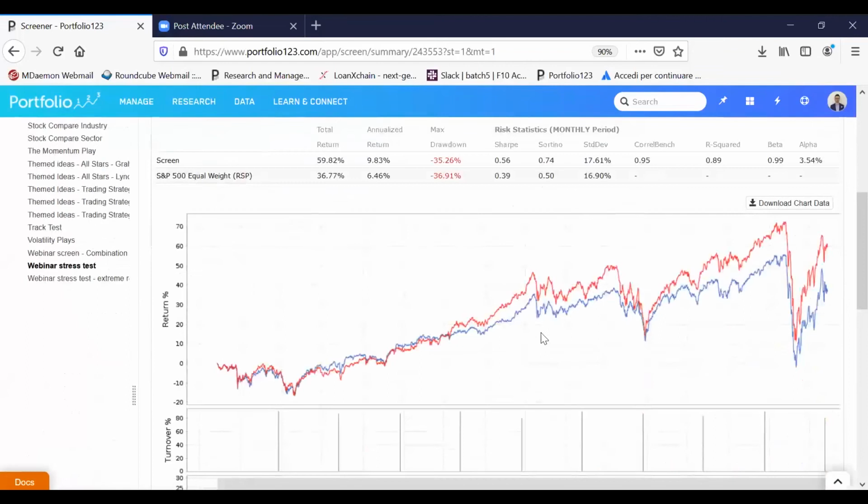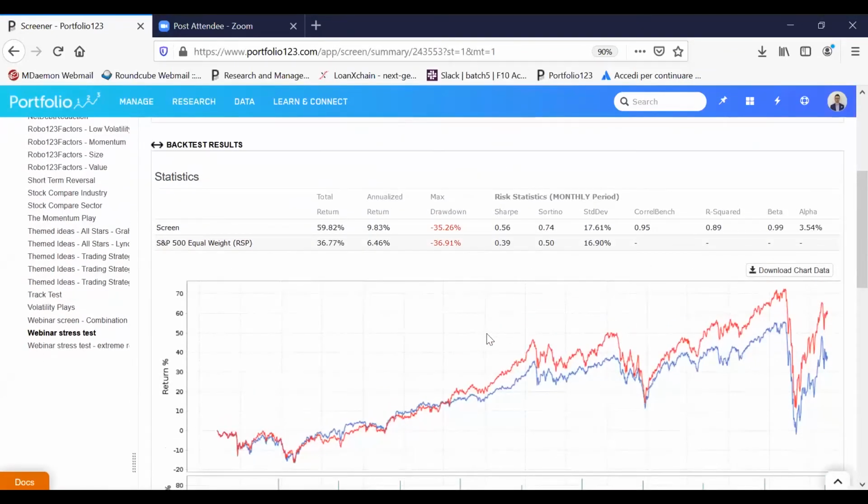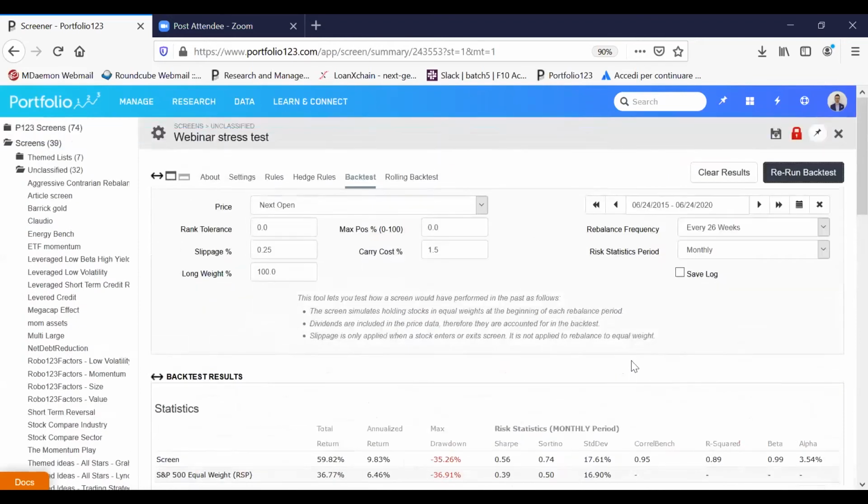And probably this is due to the fact that the strategy is exposed a lot to conservative balance sheets through the financial strength factor and also to the profitability factor, which are factors that behaved pretty well especially in the last 3 years.